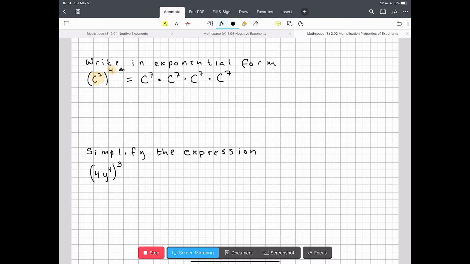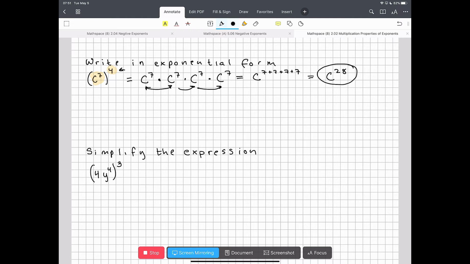So now I've got a power multiplied by a power, same base. We can add the exponents, right? And that's what this whole string of multiplication is. So this is really c to the 7 plus 7 plus 7 plus 7, which is c to the 28th. That's a very long way about going about the problem, and we want to be more efficient.